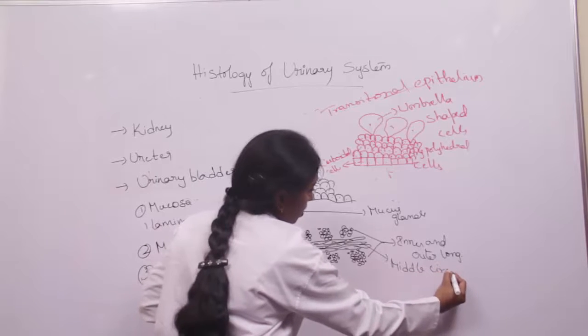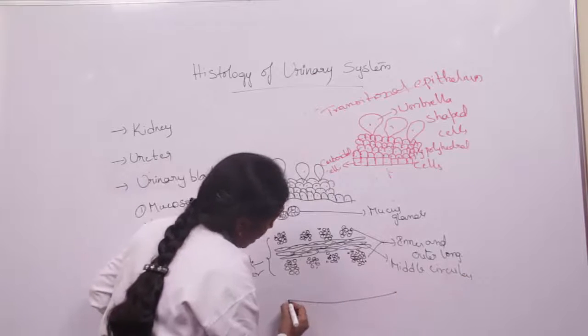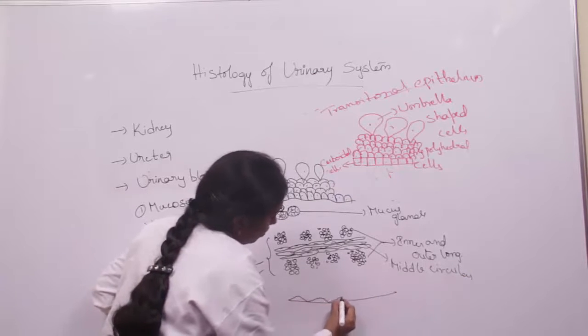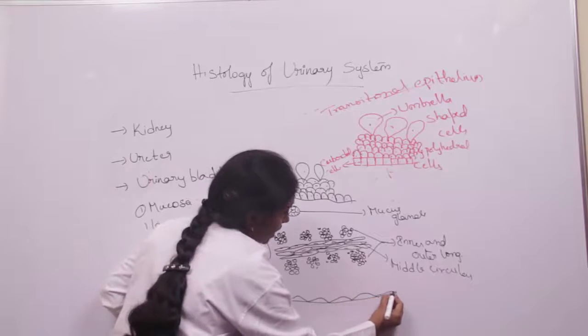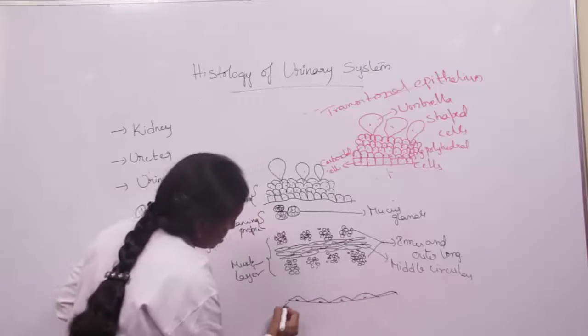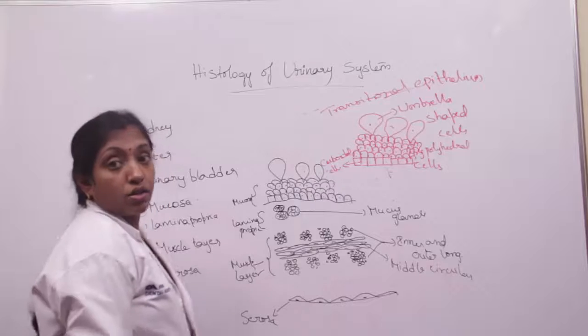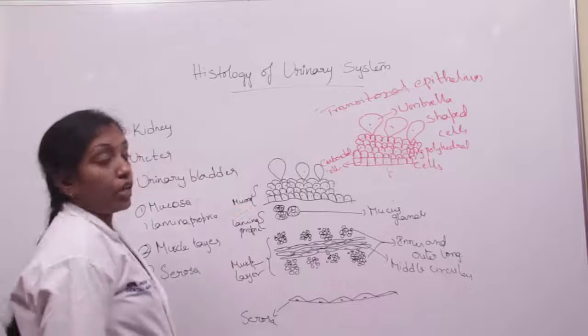The outermost lining is serosa, which is lined by flattened epithelium. Okay, this is the serosa layer. So that's about the urinary bladder.